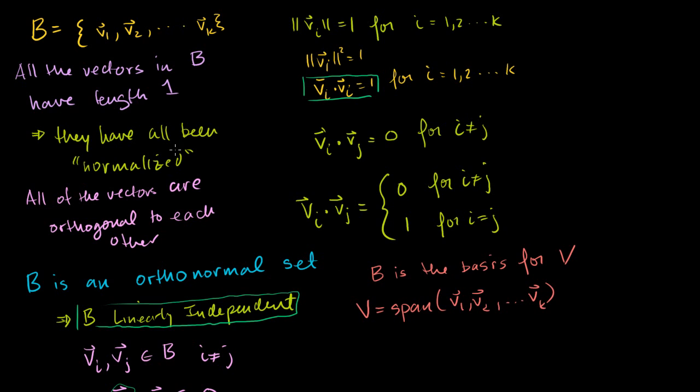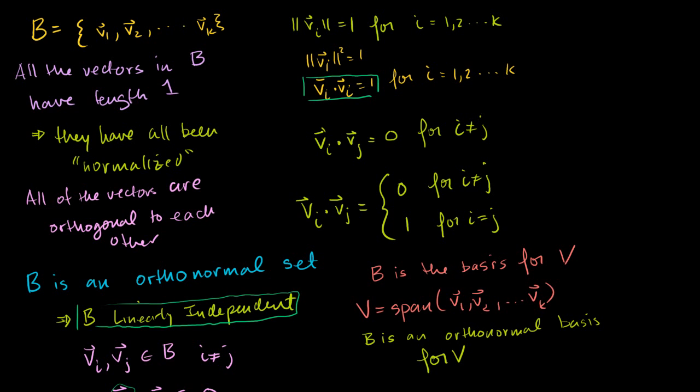Then we call B, if it was just a set, we call it an orthonormal set, but it can be an orthonormal basis when it spans some subspace. So we can say that B is an orthonormal basis for V.